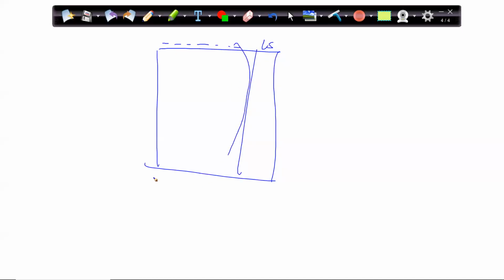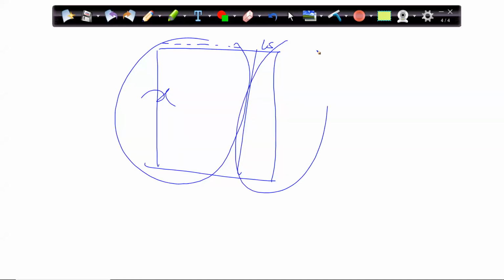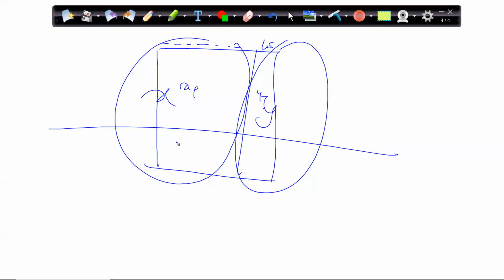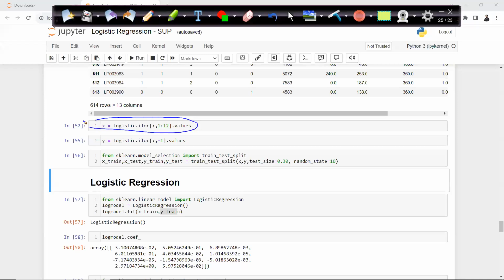I am breaking this as X, and this as Y. After that, I am breaking this into X train, Y train, X test, Y test. First of all, I am breaking the data into X and Y. Then I am breaking this data into train and test, where I am making my test size 30%.